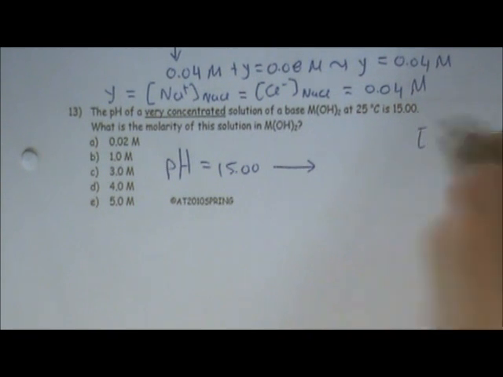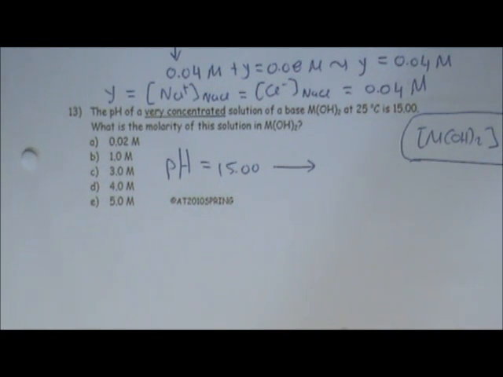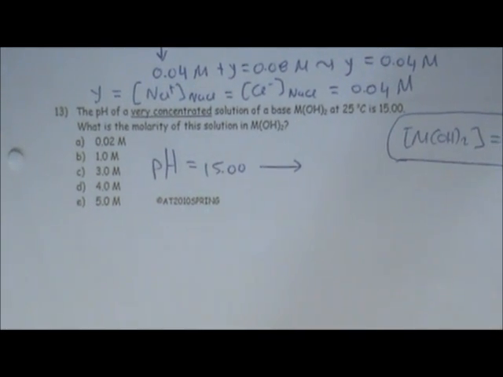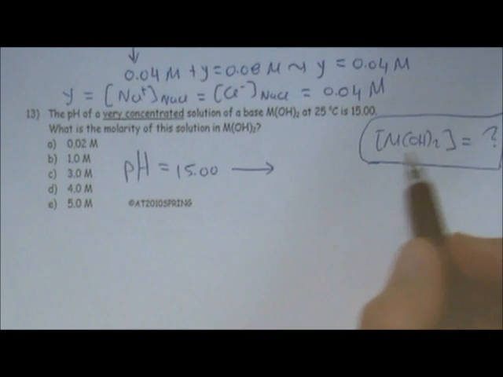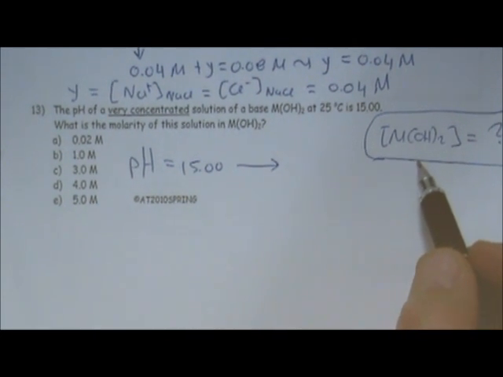This is what we want to find out: the concentration, molarity, of this base. The only thing we have is the pH. Interesting, right? To start from here backwards, in this case, doesn't help.